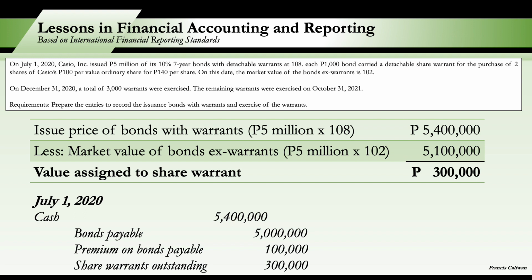So in effect, each share is assigned 300,000 divided by 10,000, 30 pesos share warrants outstanding. Okay, so remember that amount ha. Each share that will be purchased is assigned 30 pesos share warrants outstanding.